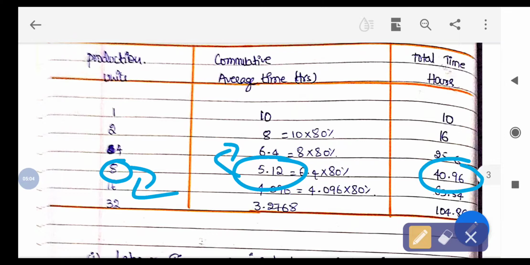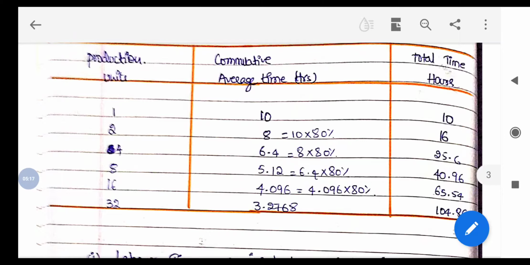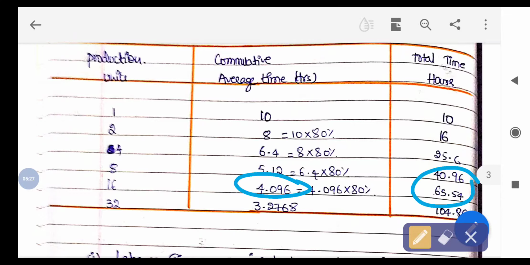The previous average time is 5.12, and 5.12 into 80% is 4.096. So 16 into 4.096 is 65.54.